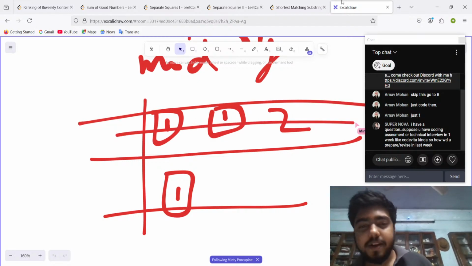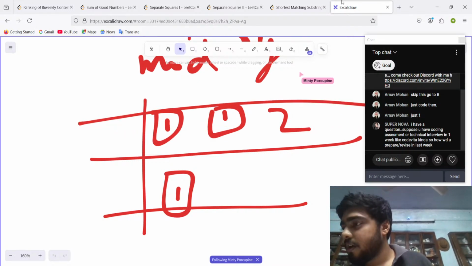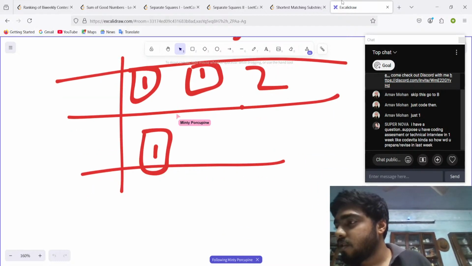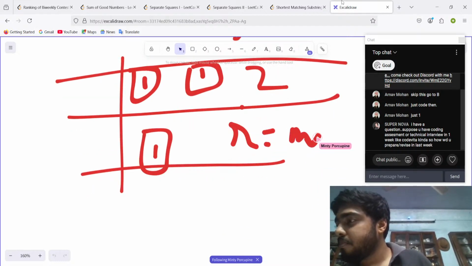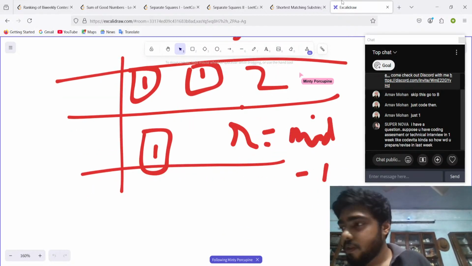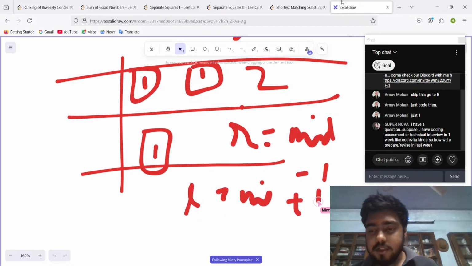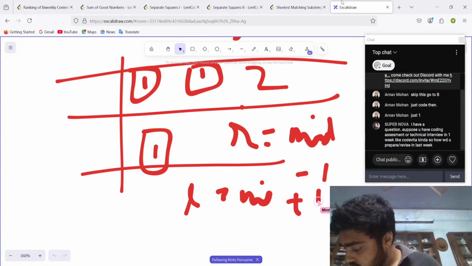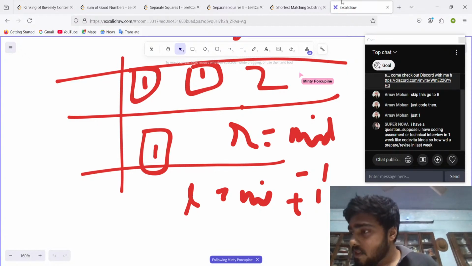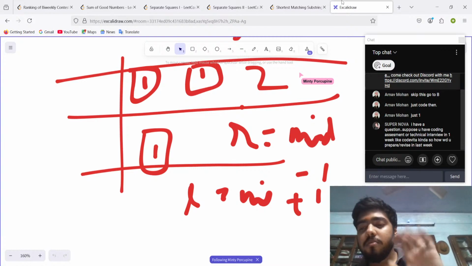We are not going to do that, because we know that whenever we go for some binary search, we do either r is equal to mid minus 1 or L is equal to mid plus 1, right? That is what we basically do. Now in this case, this 1 is not going to be valid.